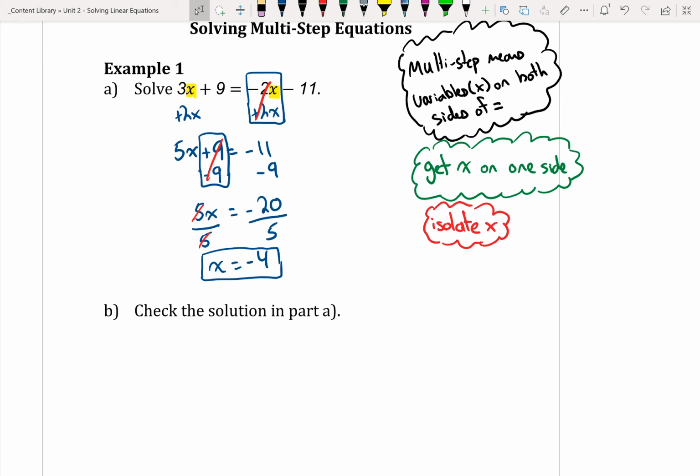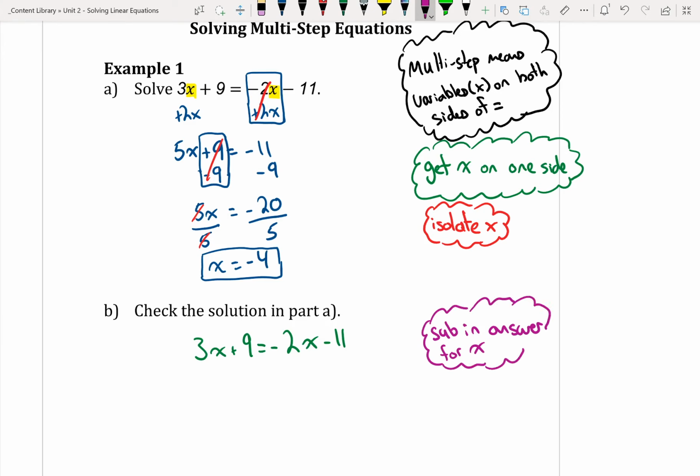B, I want to check my solution. I have the 3x plus 9 equals negative 2x minus 11. Again, this is my original equation. To check my solution, I need to sub in my answer for x.